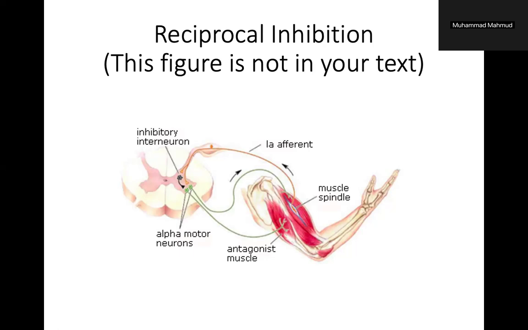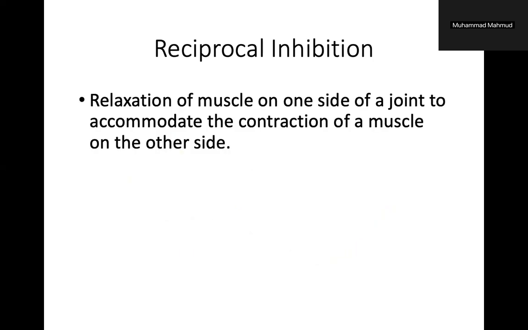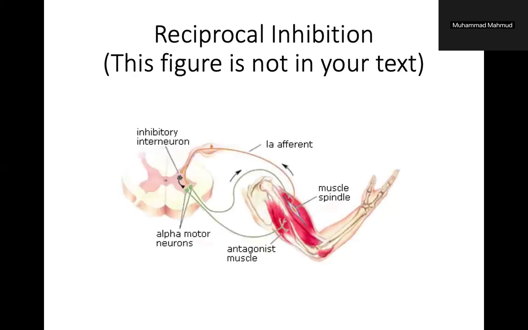Reciprocal means on one side, it is contracting, the other side, it will be relaxing. So this type of inhibition relaxes the muscle of one side of the joint to accommodate the contraction of a muscle on the other side. So this is the second type of reflexes.